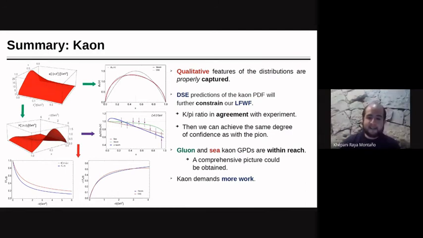Something important here is that the gluon PDF and the Kaon GPDs are within reach. It is just a matter of time. And with that, we will get a very comprehensive picture of the distributions of the Kaon. So in general, this meson demands a little bit more work.